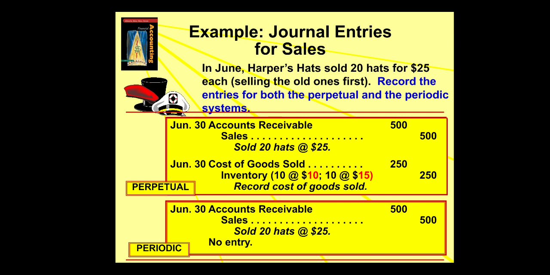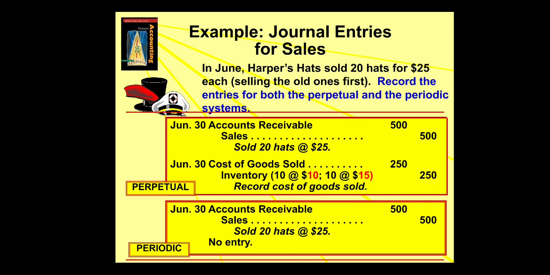If you check the transactions related to Harper's Hats, there are several times in the month the business purchased inventories from the supplier. So when the business sells, it assumes that it sells the inventory that came in first. So it sells the old ones first.